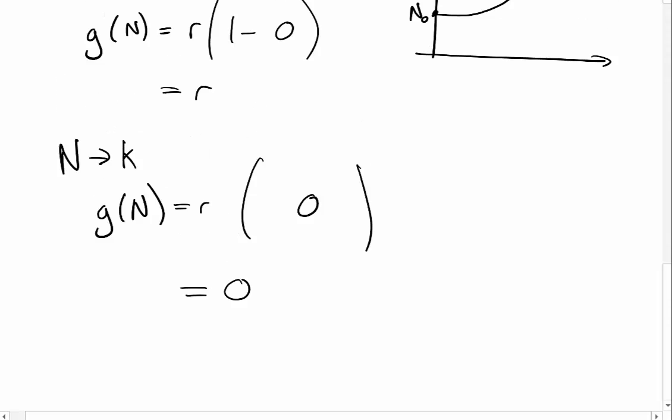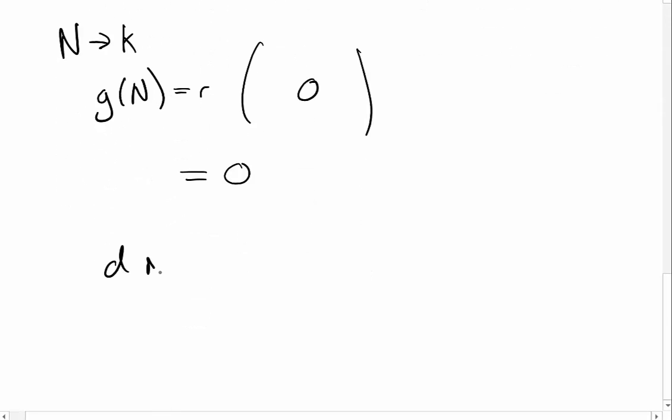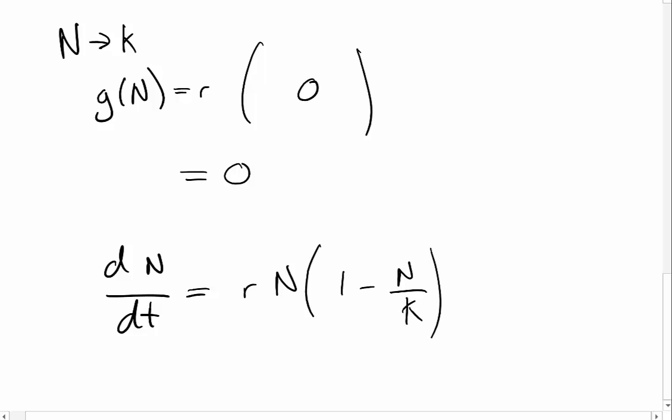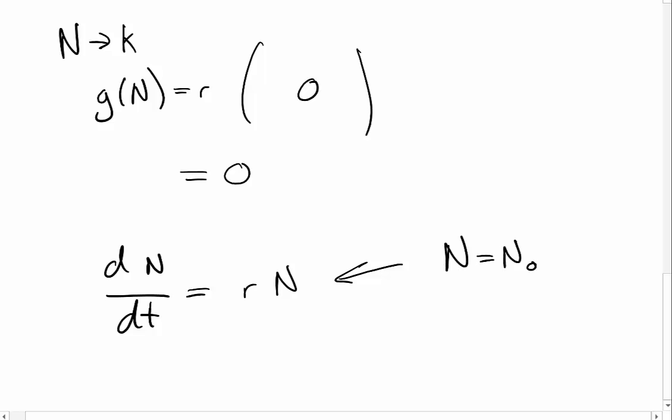So when we put it in for dn by dt, remember what is dn by dt? It's r n lots of 1 minus n on k. As n approaches 0, for n which is relatively small, what we just end up with is of course our exponential population model, n naught e to the rt.